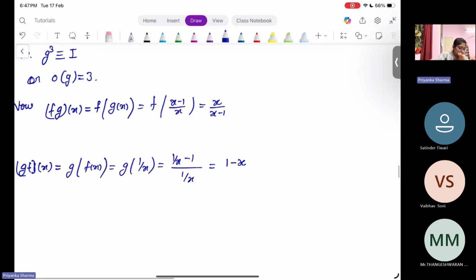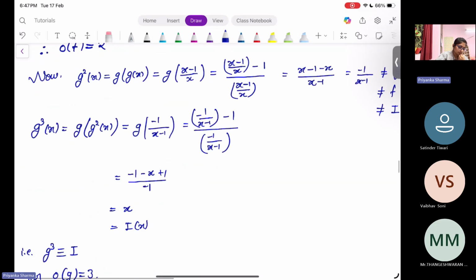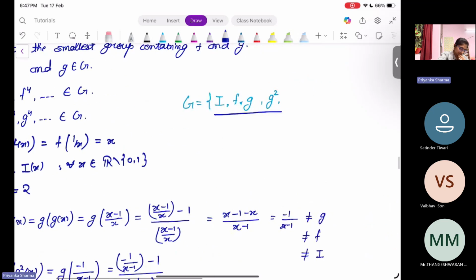Okay, so these two are different from the previously included elements. Okay, so FG and GF, they will be here.